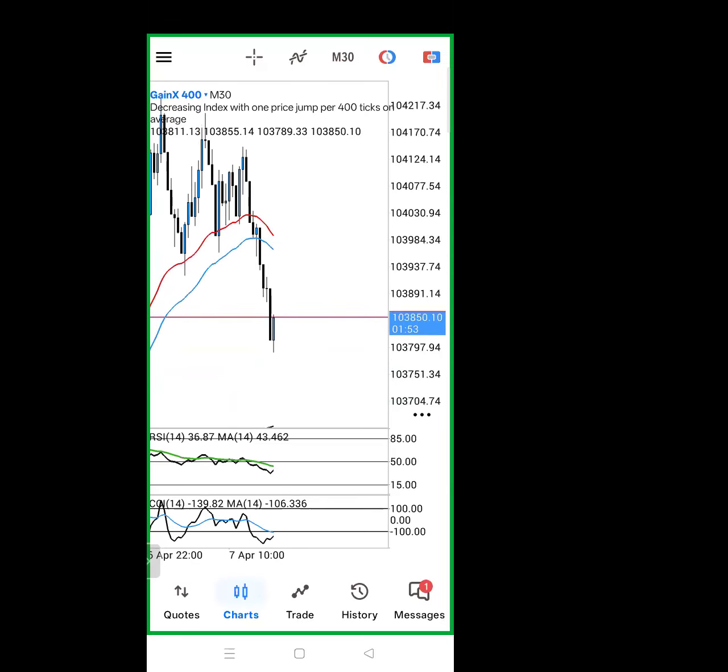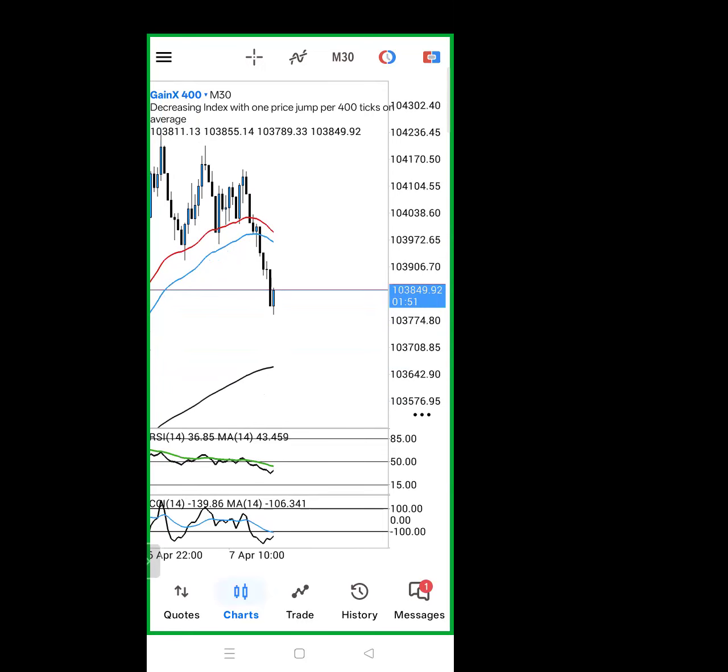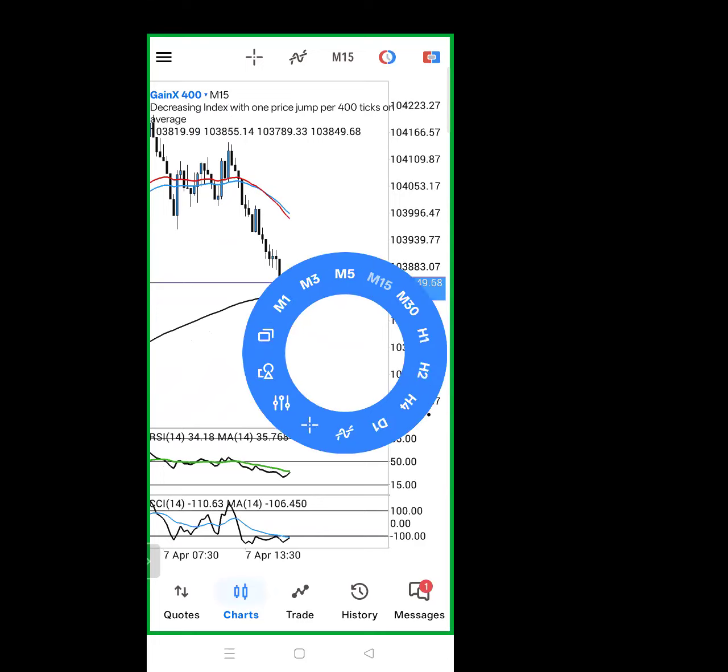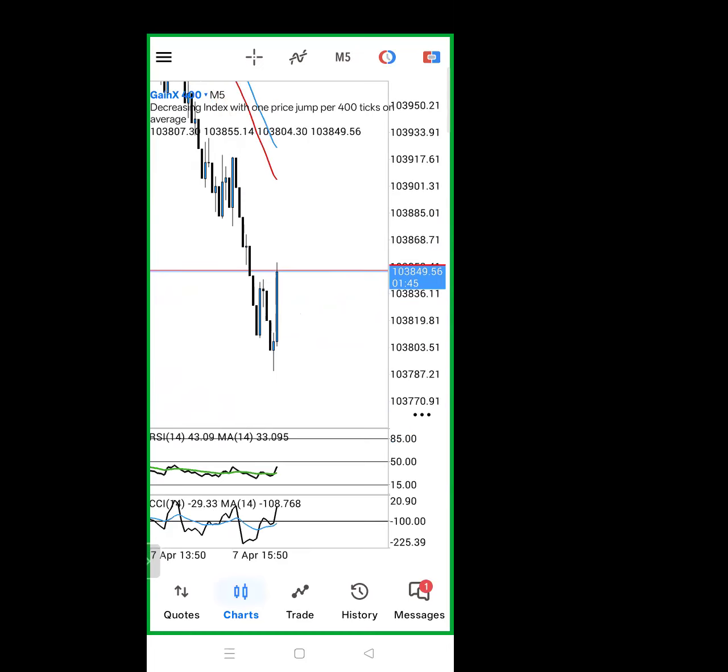So let's look at something to see if we can take this trade, but it's a buy. I don't want to take a trade in the direction of the spike. I want to trade against the spike.